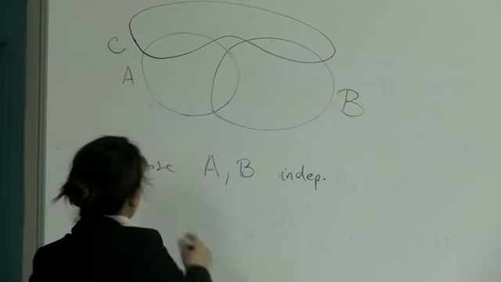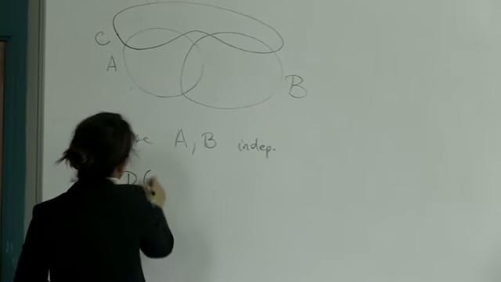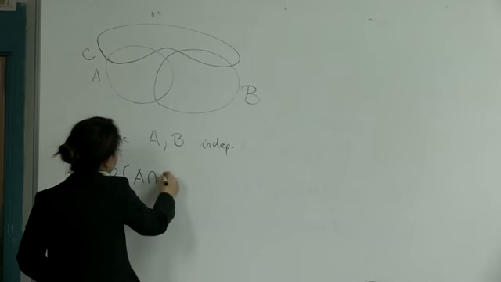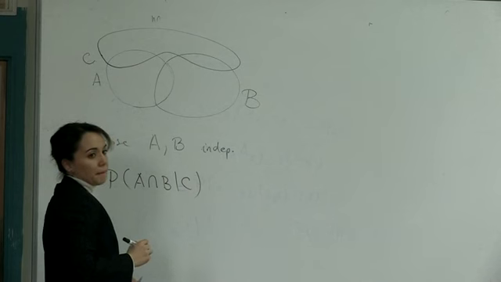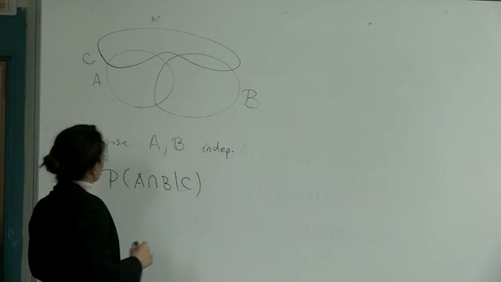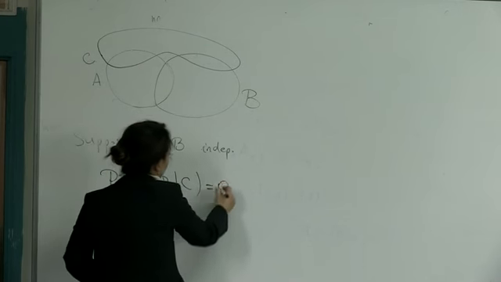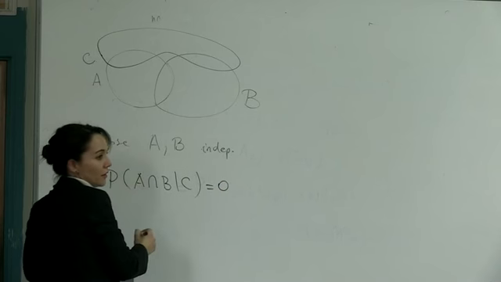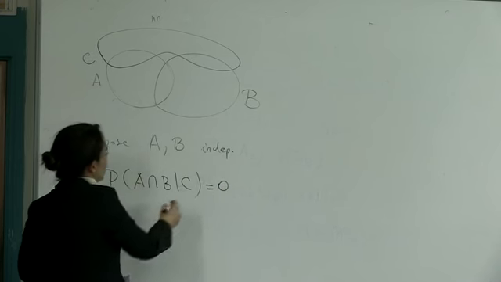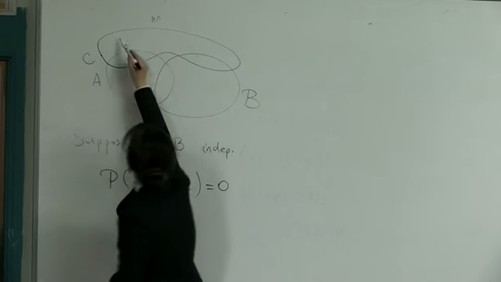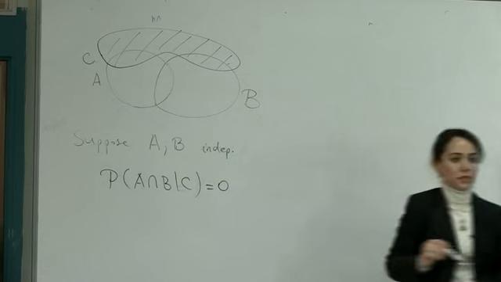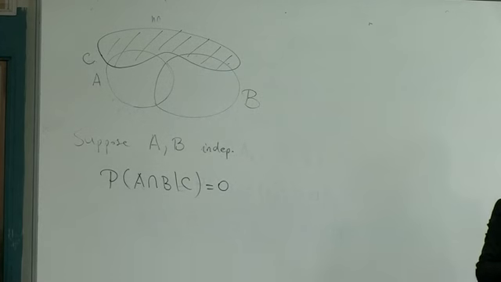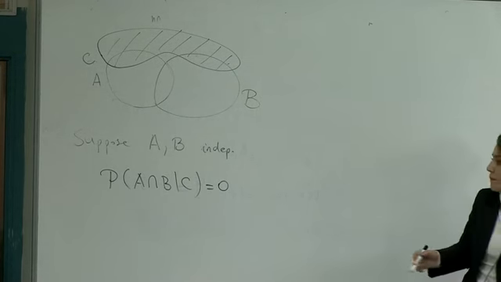So let's compute the probability of A intersection B given C. What is that? This is 0. Why? Because if C is given, now C is the new universe. And in this new universe, A and B cannot both happen at the same time.